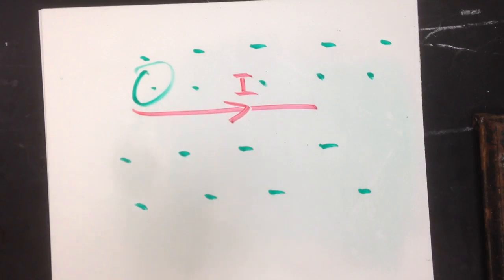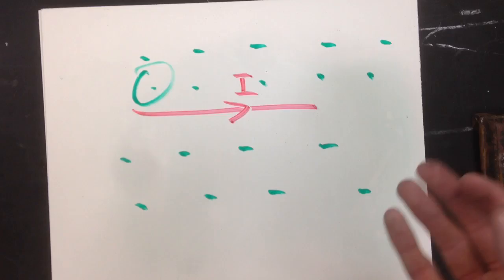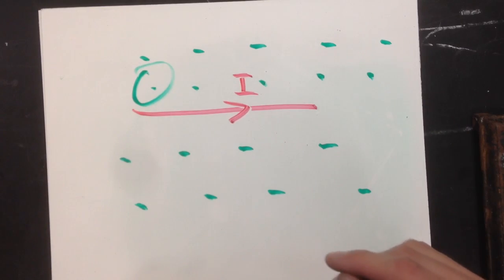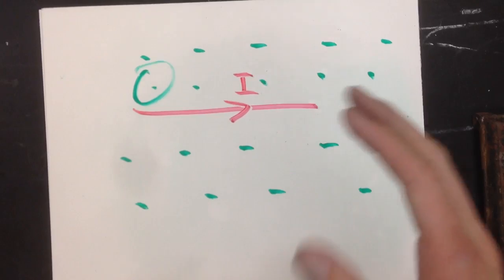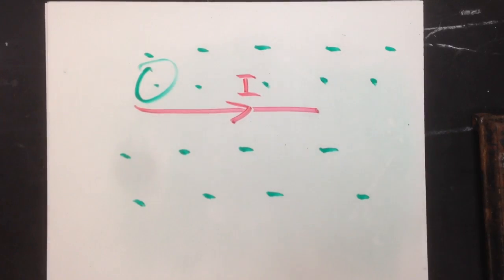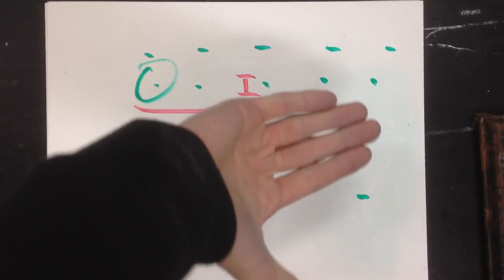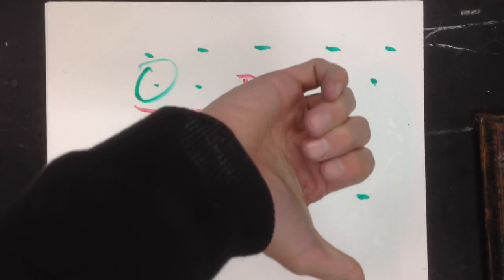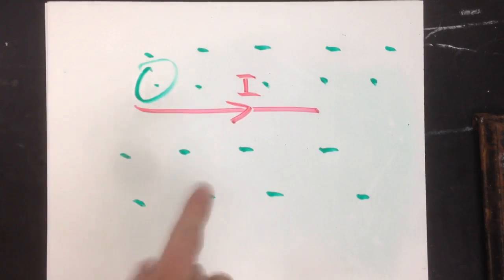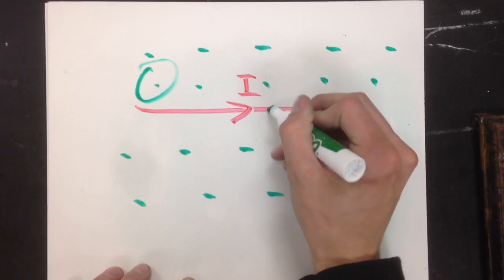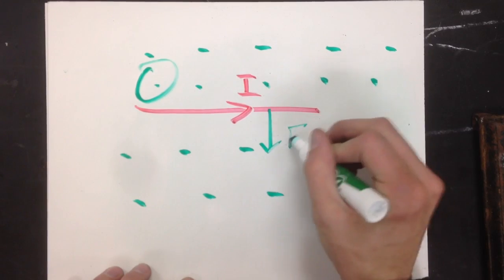I still do the right-hand rule, and it's really not all that different. The current is really kind of like the direction of the velocity. You run your fingers along the current, curl them in the direction of the field, and this wire would experience a force that is directed down.